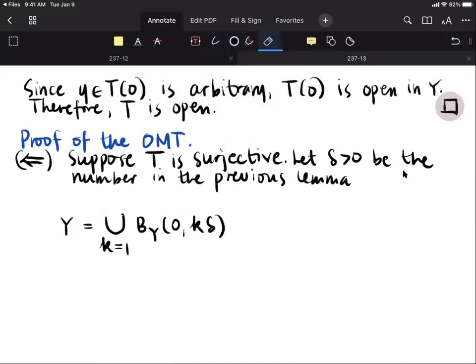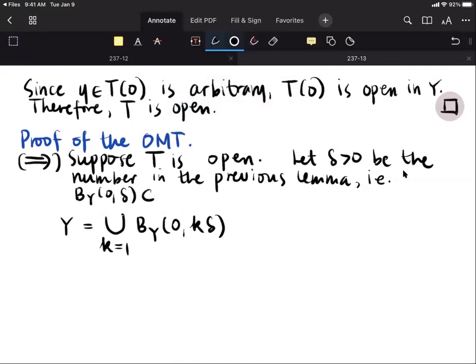So here we need to reverse the direction. The assumption in the previous lemma is that T is open. Okay. So again, suppose T is open, and then according to the previous lemma, we have a delta such that this open ball lies in this image set.